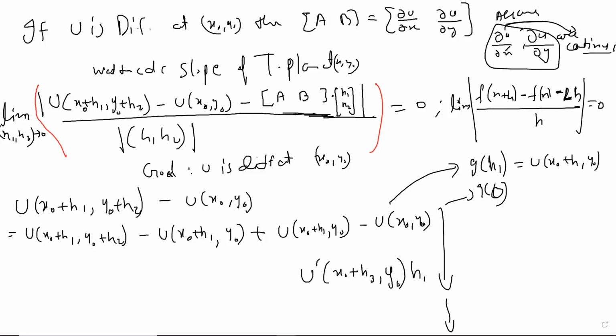But this is not the best sufficient condition. There are sufficient conditions closer to necessary than this, but those are not that common or useful. This is the cleanest condition, that the derivative is continuous. So we write it like this.